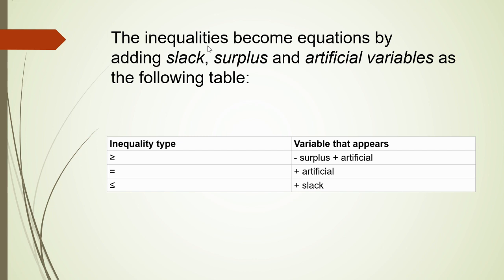When the inequality type is more than or equal to, we'll subtract surplus variables and add artificial variables. When the equality type is given, we'll add artificial variables. So we'll change the constraints of a problem into equations.